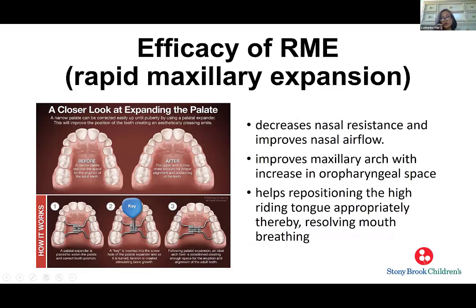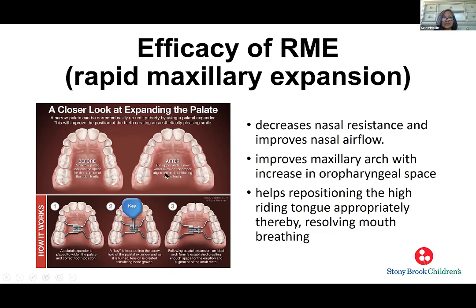In terms of looking into the efficacy of RME, you can see in this diagram a narrow palate. After usually about 4 to 6 months of expansion, you then wear retainers for another 2 months.